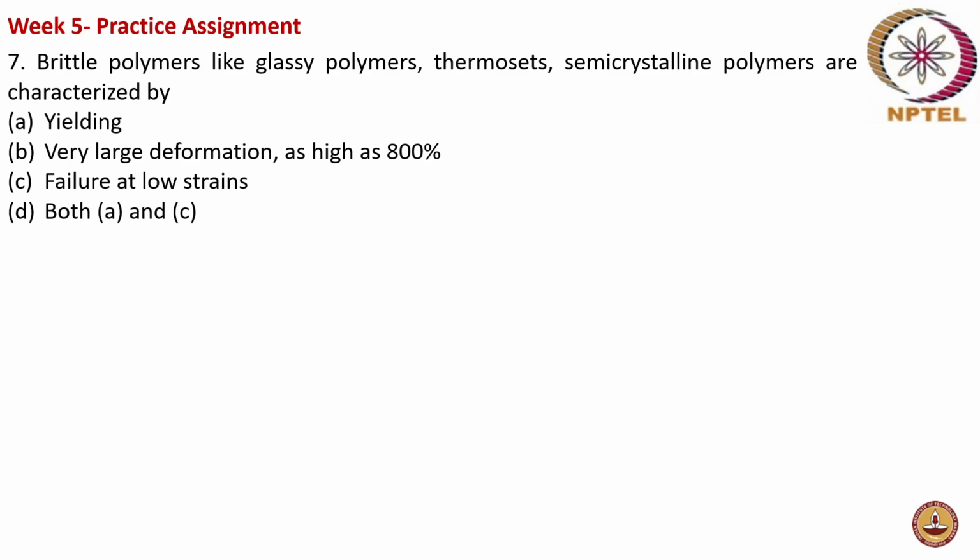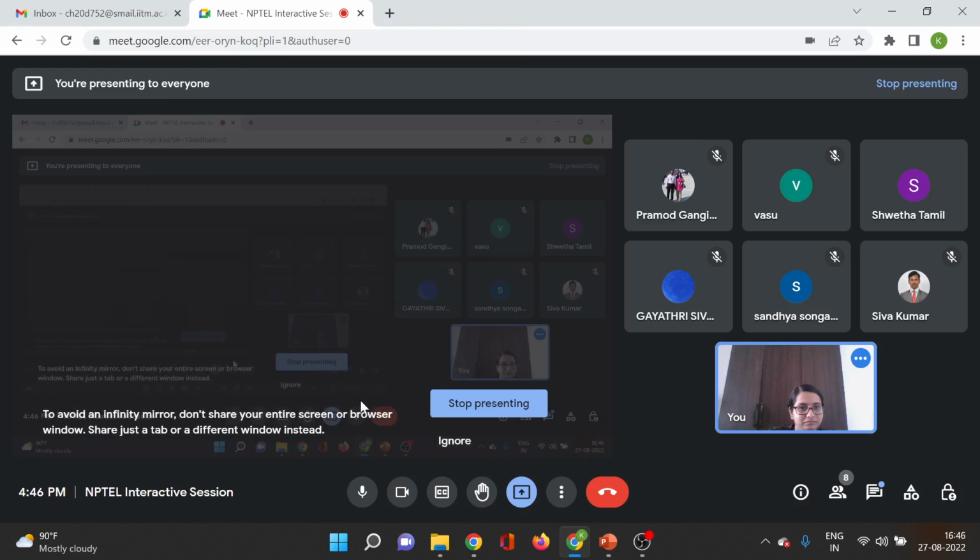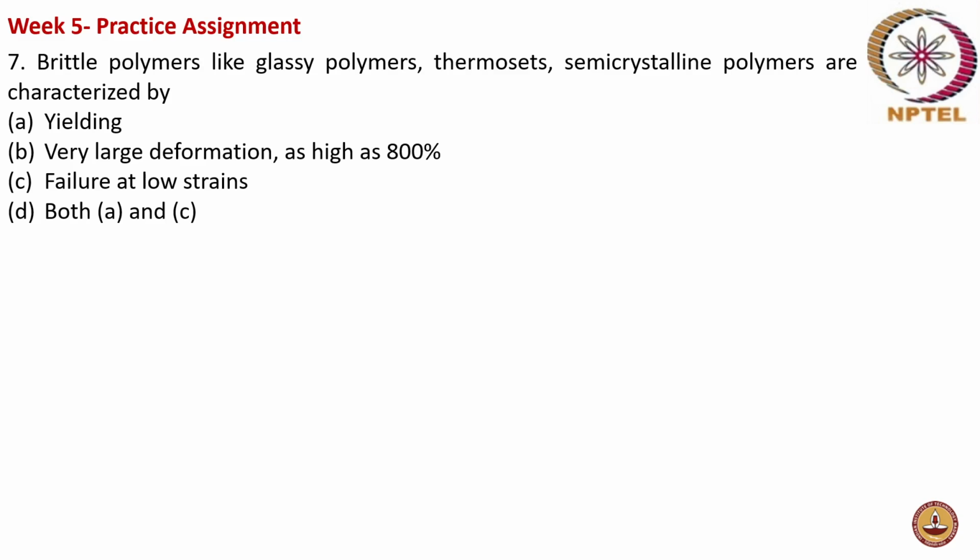See, this is in general scenario I am saying, not for individual cases. So does thermoset have a characteristic of yielding? Option C, failure at low strain. Who said that? Shweta. Okay. It is actually failure at low strains.